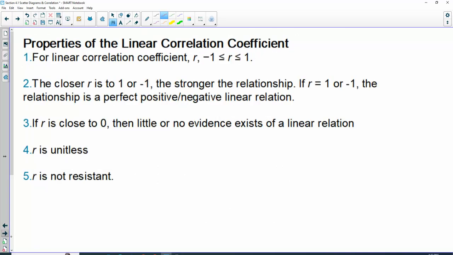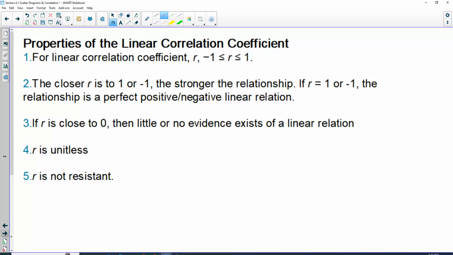But things to remember, what that R is telling us. 1 is a good relationship. That means a line is a perfect match for that data. So if R is very close to positive 1, that's a perfect positive linear relationship. If it's very close to negative 1, it's a perfect negative relationship. 0 is bad. 0 means the line is not a good fit.